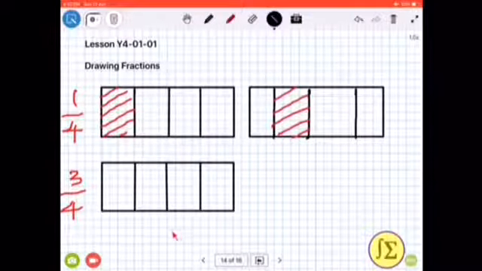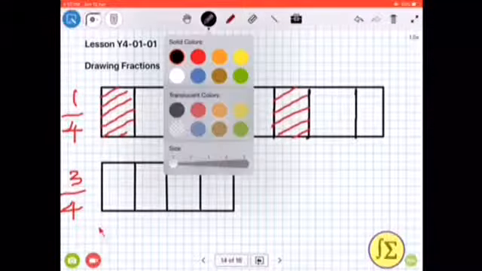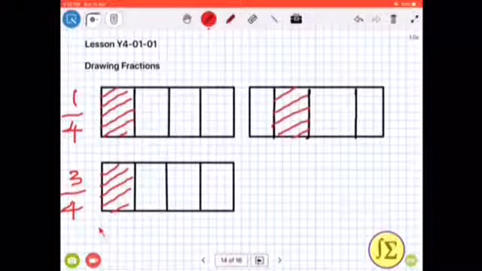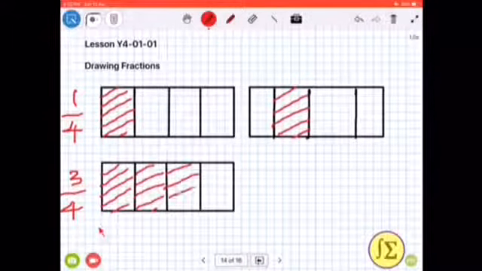So to show the fraction 3/4, we have to look at the focus. The focus, if you look at the numerator, is 3, right? So we shade 3 out of the 4 pieces. 1, 2, and 3. So this is how we graphically show the fraction 3/4.